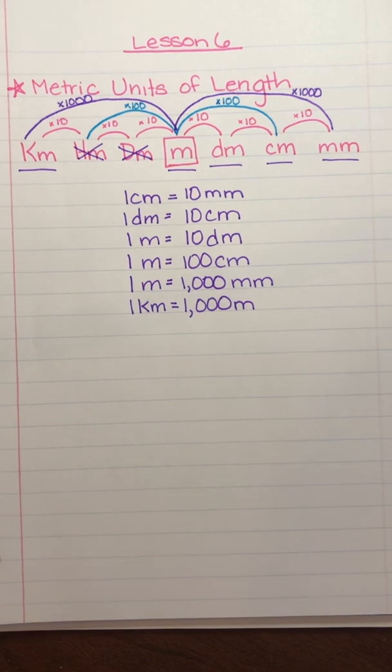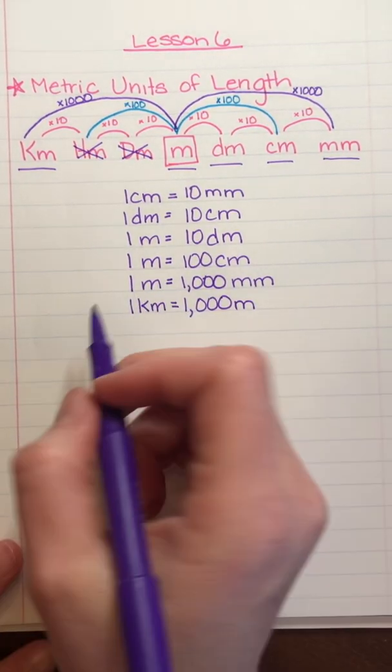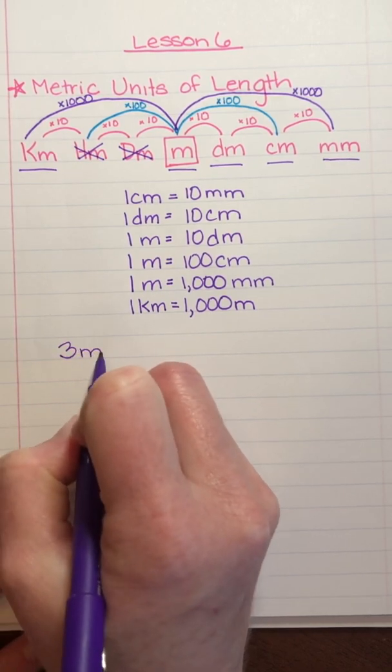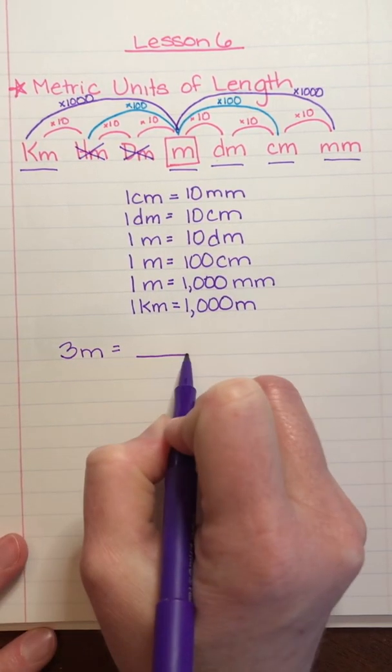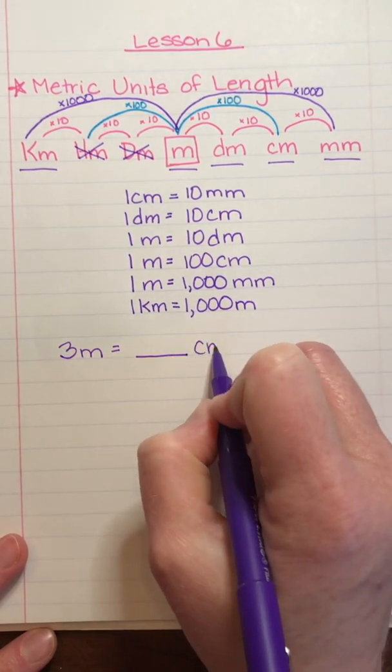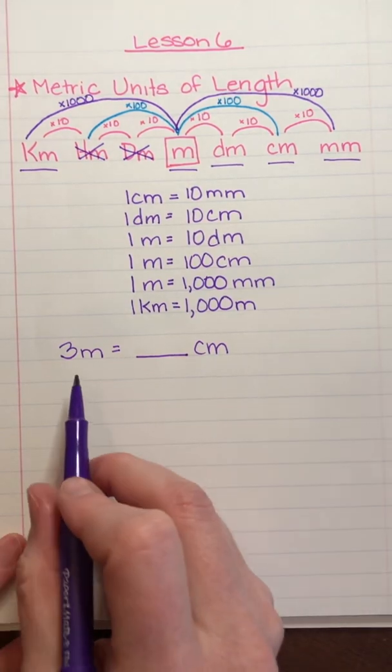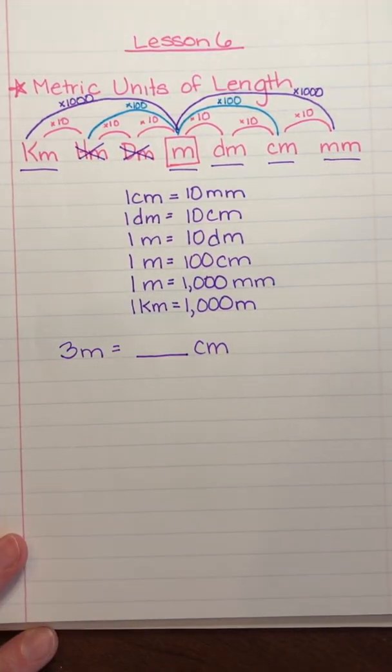All right, so if we're working on conversions, let's say, for example, I give you 3 meters, and we want to know how many centimeters that is. In order to do that, I've got my problem written down, and just like the last few lessons, you need to give us the basic fact written right underneath.